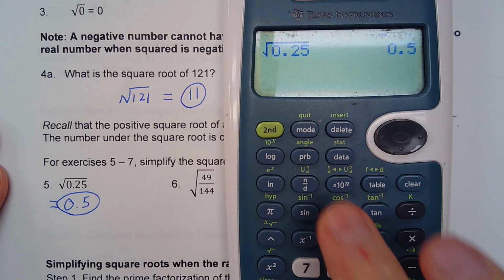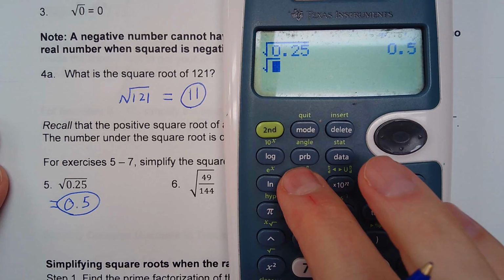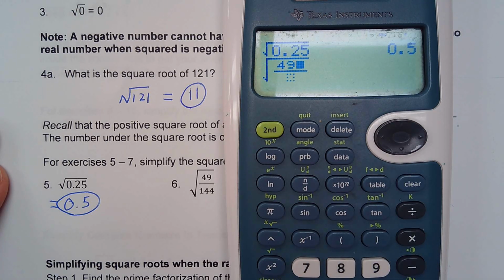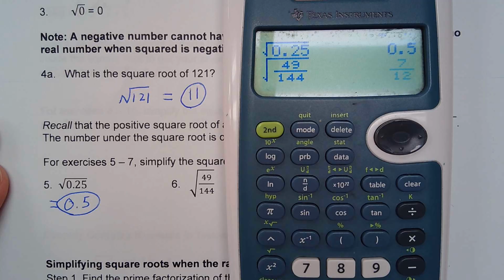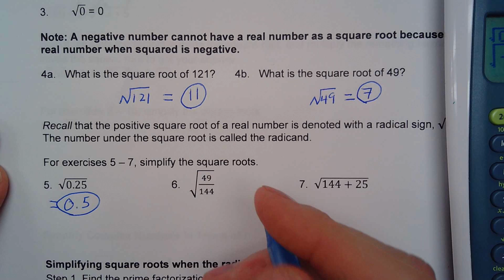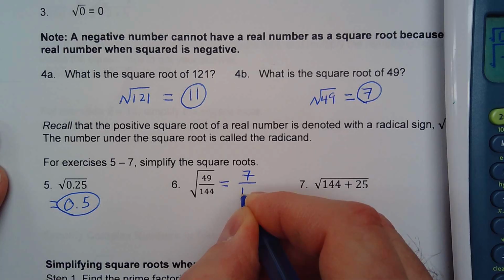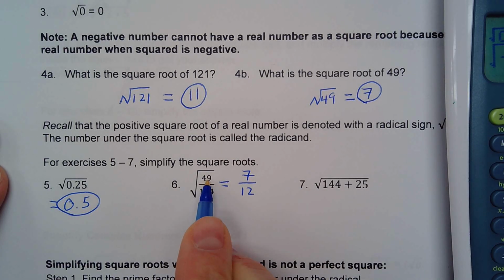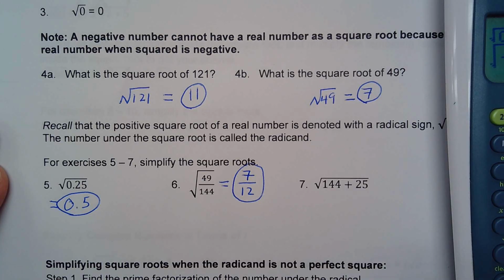If we do this one, what we'd enter is the square root, the fraction key, 49, hit our down arrow, 144, hit the right arrow a couple times, and hit enter. Notice that gives us 7 over 12. So if you're taking the square root of an entire fraction, it's the same thing as taking the square root of the numerator and then the square root of the denominator, and then writing the numerator over the denominator.